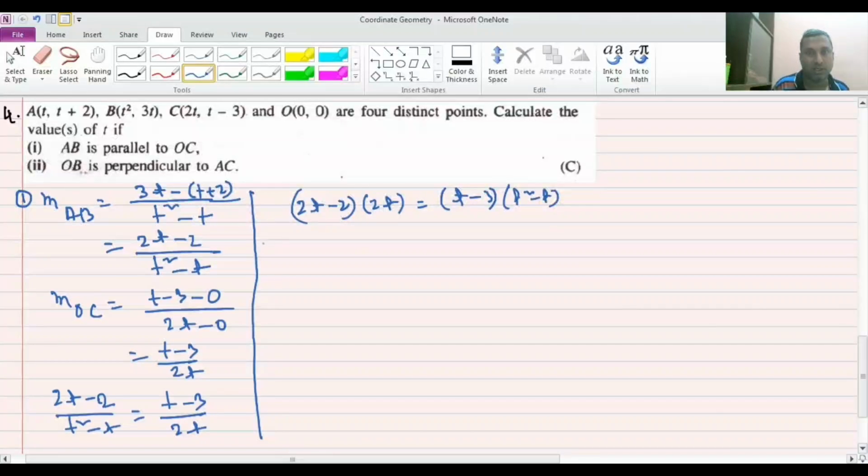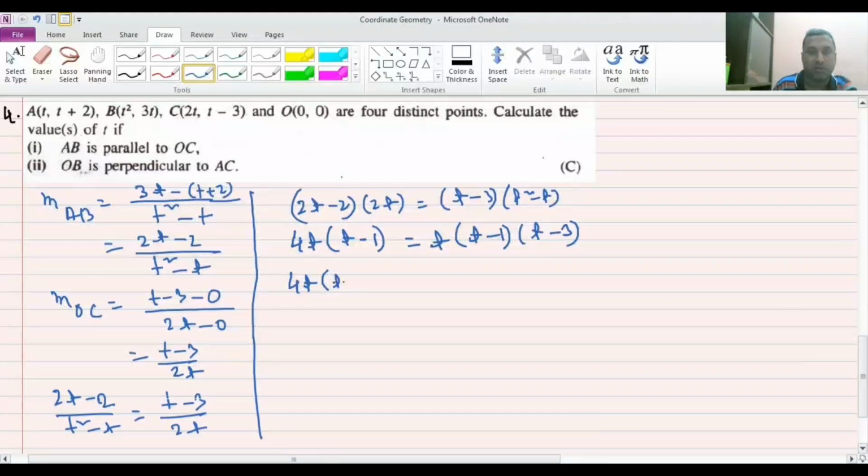Let me take all these things to one side. 2 is common, so 4t(t − 1) = t(t − 1)(t − 3).